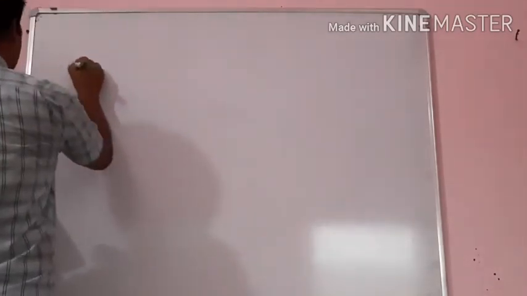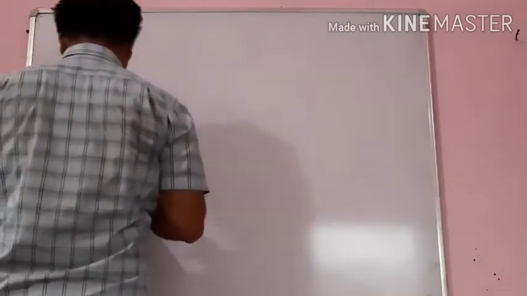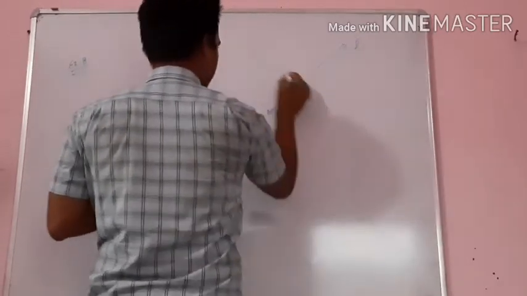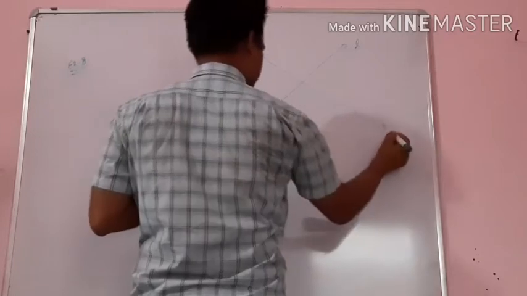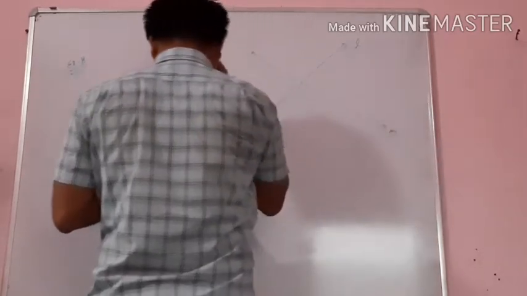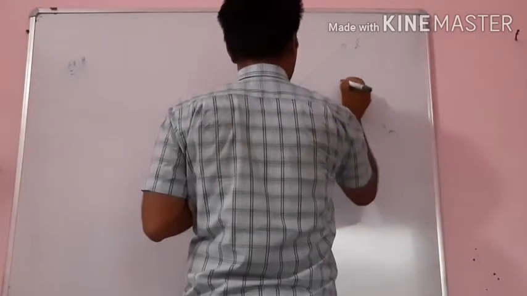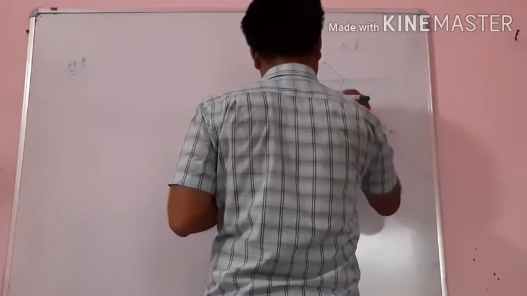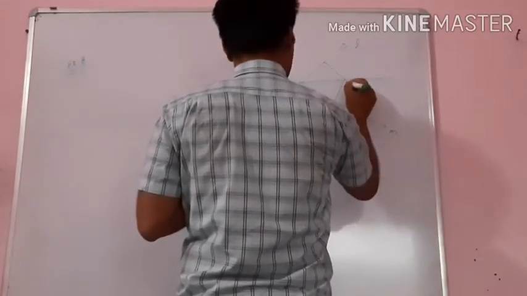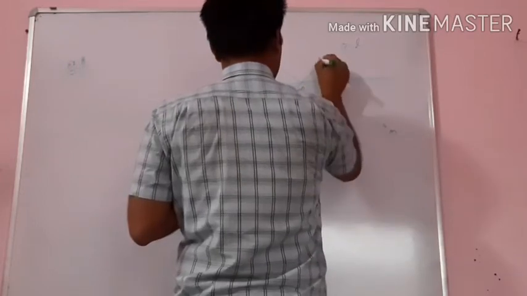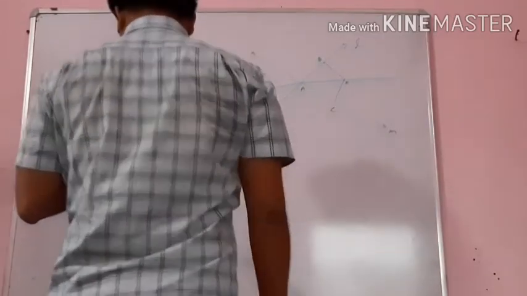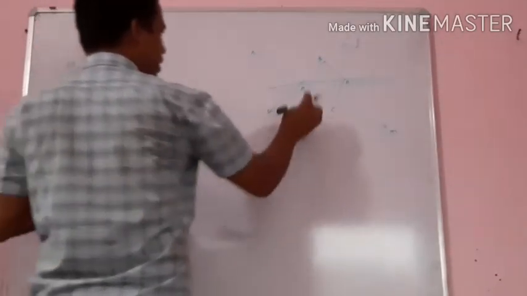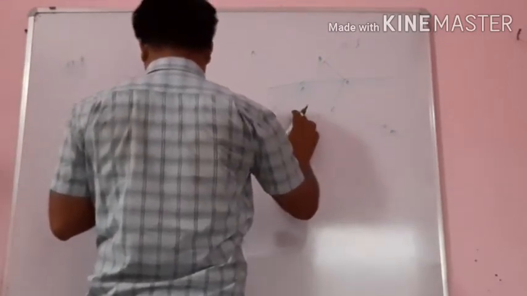In example number 8, first see the figure. This is a line L and this is a line M, and a point P is there which is equidistant from lines L and M. Suppose we take A, B, C. Now P is a point equidistant from the lines, so that AP bisects the angle between them.